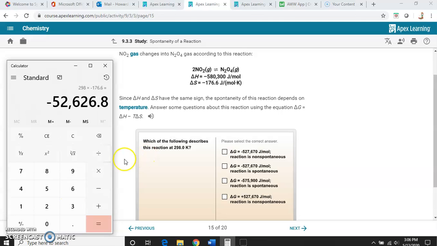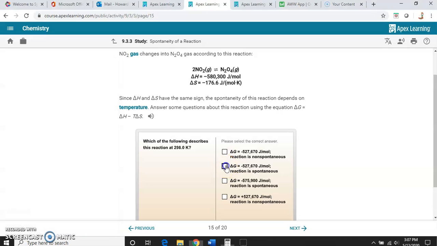We're subtracting it from this one, so 580 minus 52,626.8. So we have about this number. We can round it a little bit, and it will be negative, and it is spontaneous.